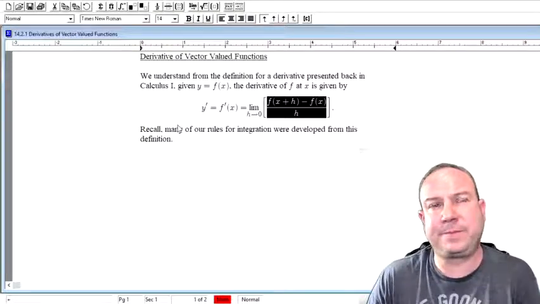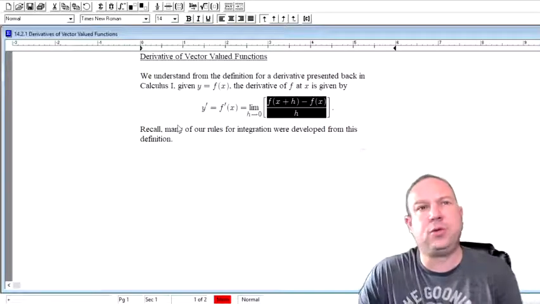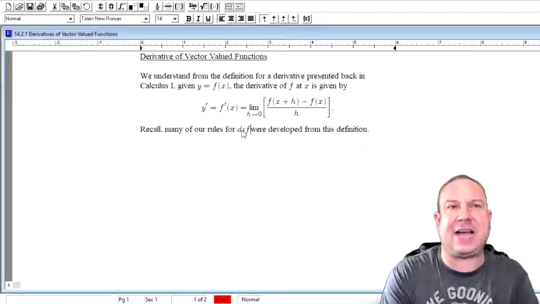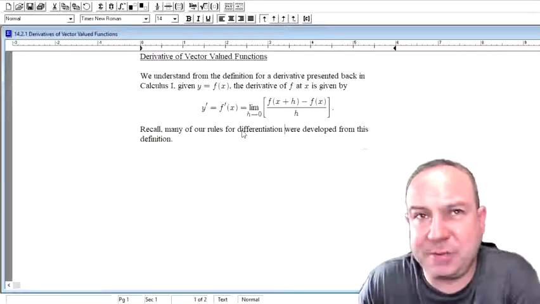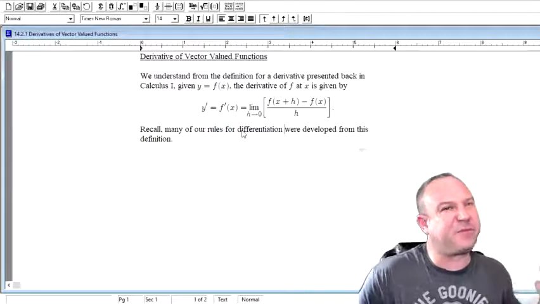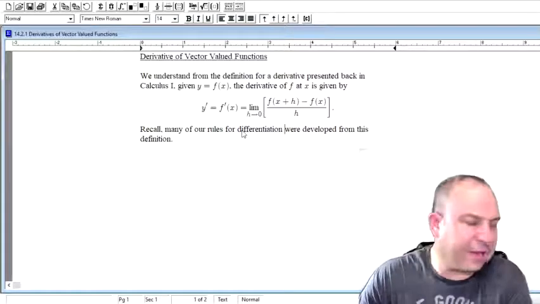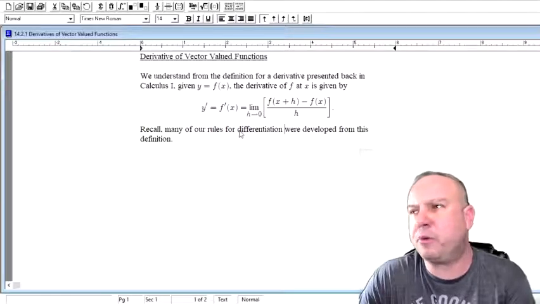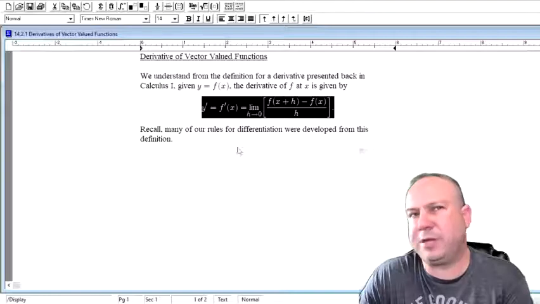And recall that many of our rules for, did I write integration? What was I thinking? Differentiation, right? Were developed from this definition, folks. If you had a good calc class, you probably got into at least proving a few of the rules with this definition.